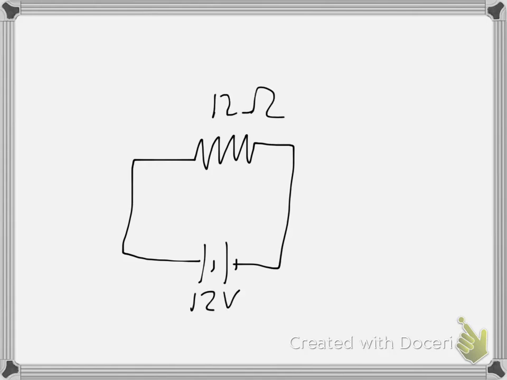As far as the battery is concerned, these circuits are identical because the same amount of current is going to flow. It's going to need to push out the exact same amount of electricity in both cases. Alright. So there you go. There's a couple examples of using series and parallel circuits, and we will see you next time.